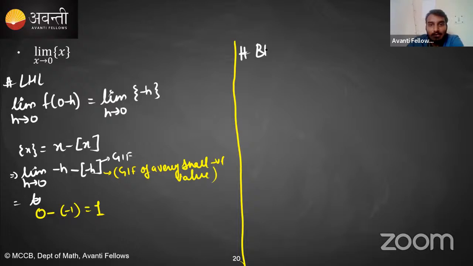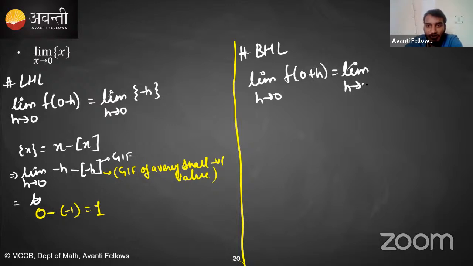Right hand limit means limit h tends to 0, f of 0 plus h, which is limit h tends to 0, fractional of 0 plus h, means limit h tends to 0, fractional of h.